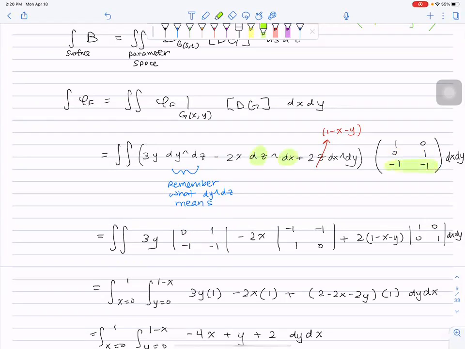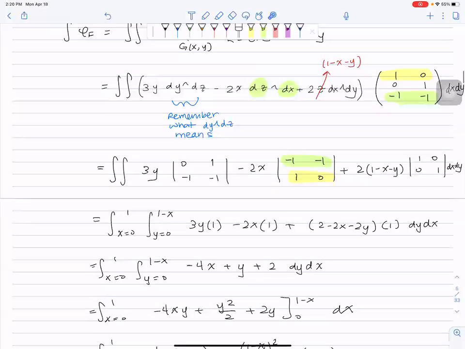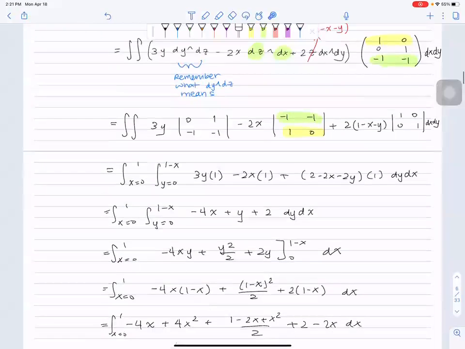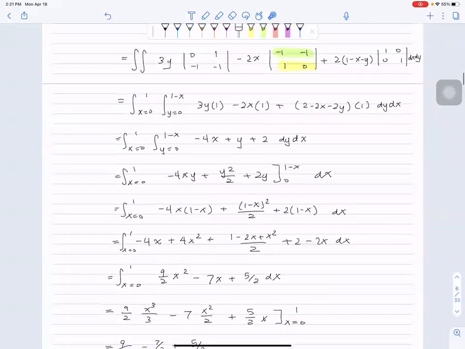That's the z row, which I put first, and the x row next, so the determinant of that. Then plus 2 times this 1 minus x minus y, and dx wedge dy is our first 2 rows, the determinant of that. In total, when we simplify these determinants, we get 3y minus 2x plus this whole thing. And then we can keep continuing the integration.